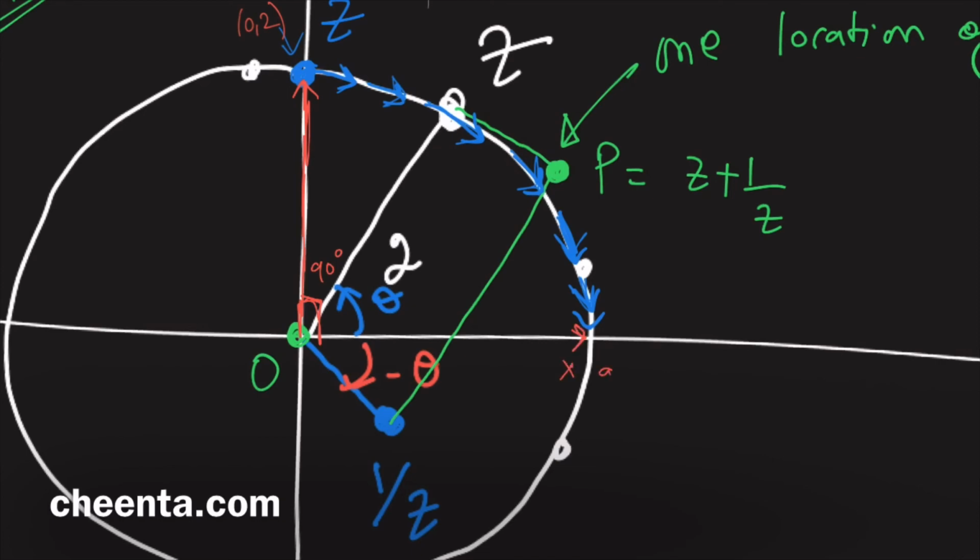This is the x-axis. So 1 over z will make an angle of negative 90 degrees, and it will be at half the distance.